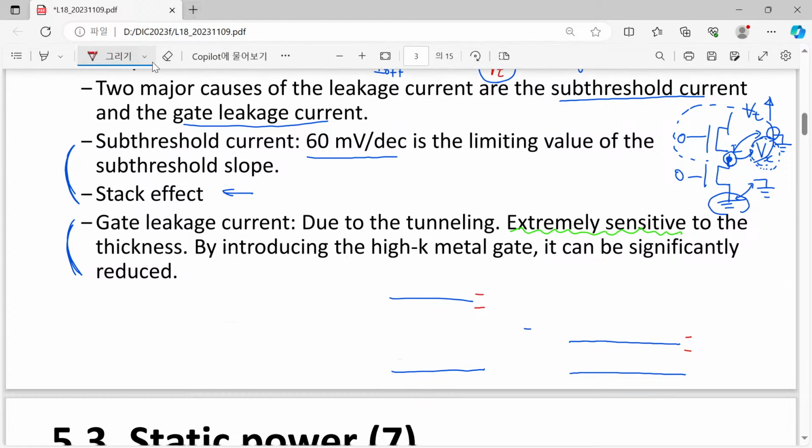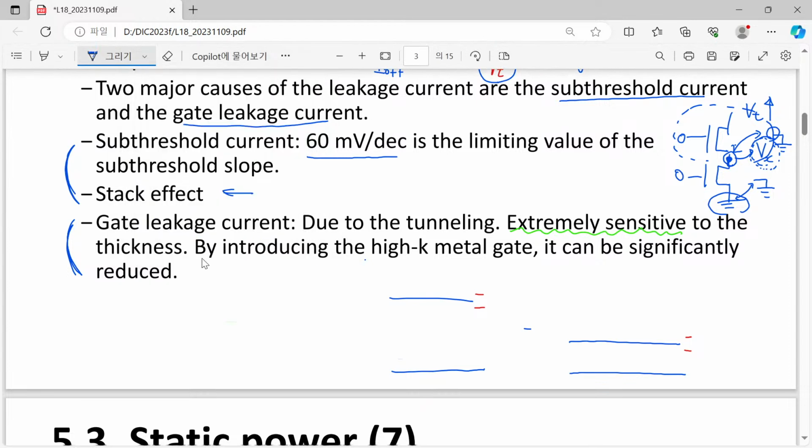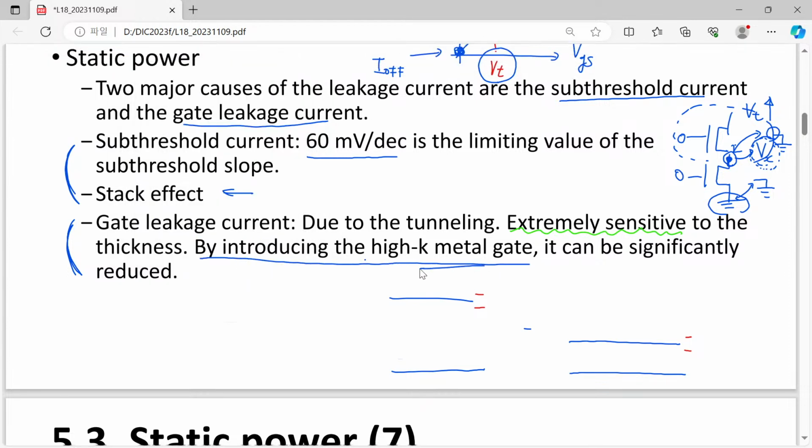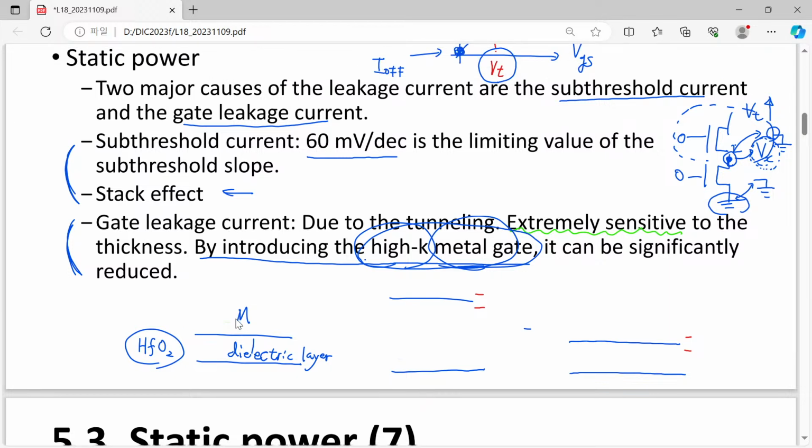So engineers at Intel and other companies solved this problem by introducing the high-K metal gate. Here, high-K and metal are two different things. High-K is not for metal. High-K is for the dielectric layer. For this dielectric layer we use materials related to hafnium oxide, not just pure hafnium oxide, but a composite layer.